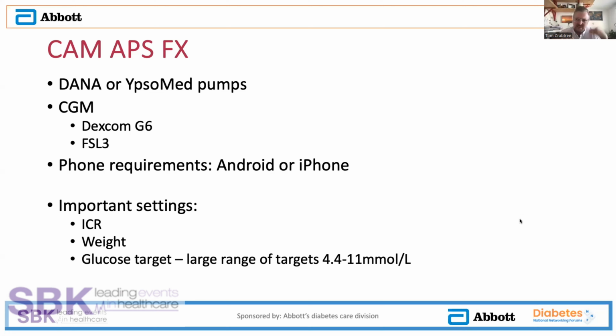So you can elect to have a target as high as 11 or as low as 4.4, and you can literally have any target in 0.1 millimole per litre increments of glucose within that range. So there's real nuance to what you may want to use for people's targets. And weight is also incredibly important for this. So you need to make sure that that's up to date, particularly if someone's weight has changed recently, or if you're using it perhaps in pregnancy.